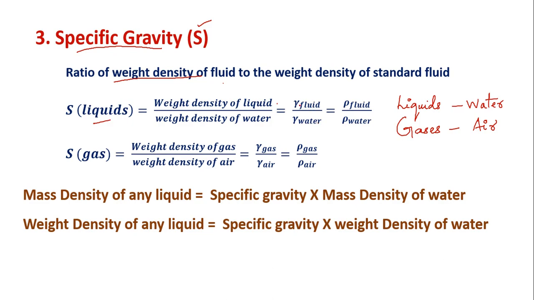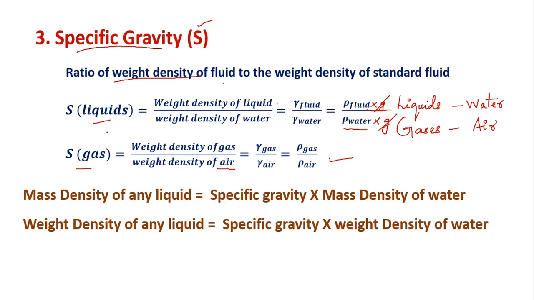And we know that gamma is equal to rho of liquid into g divided by rho of water into g, and this g and g will get cancelled. So we can also express specific gravity as mass density of the fluid divided by mass density of standard fluid. Similarly, in case of gases, weight density of gas divided by weight density of standard gas, that is air.